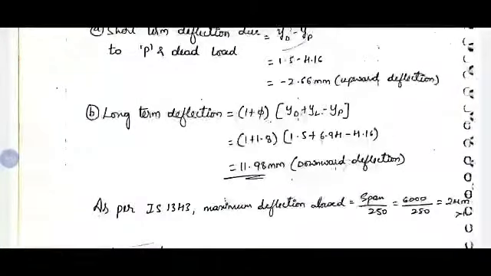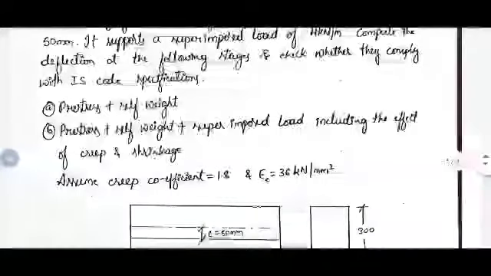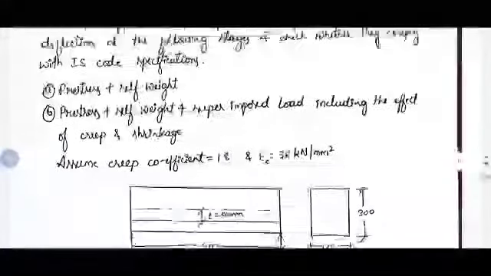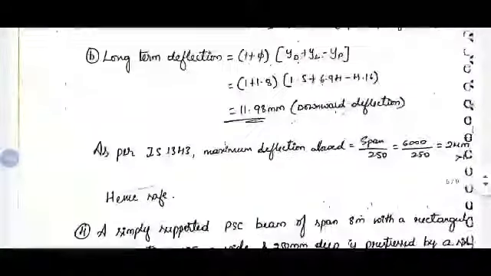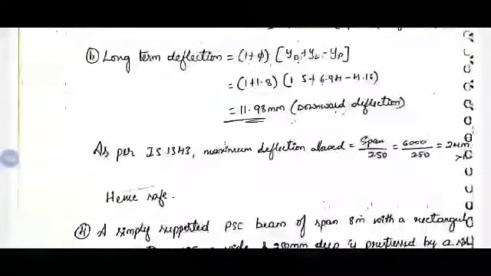So here an additional question is given. Check whether they comply with IS code specifications. That is, whether the deflection occurring is within the IS code limits, that we need to check. As per IS 1343, maximum deflection allowed is span over 250.